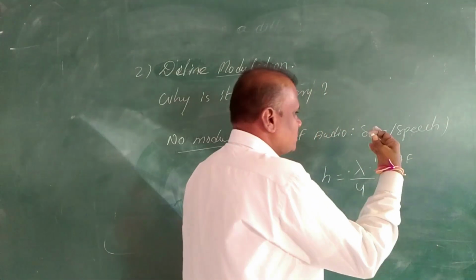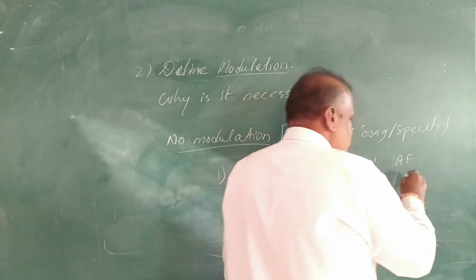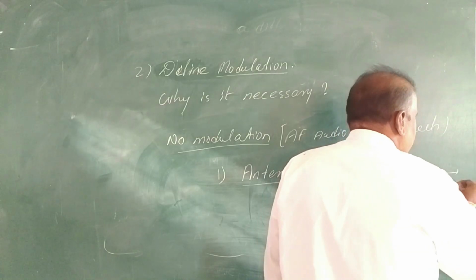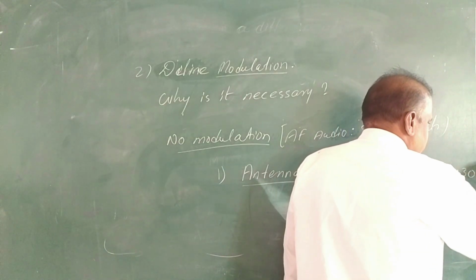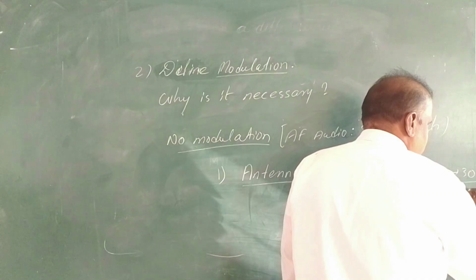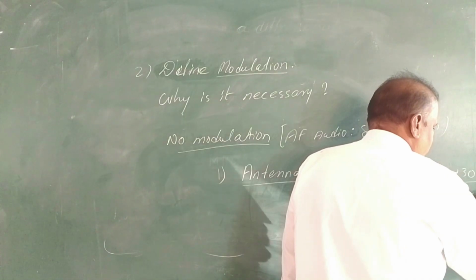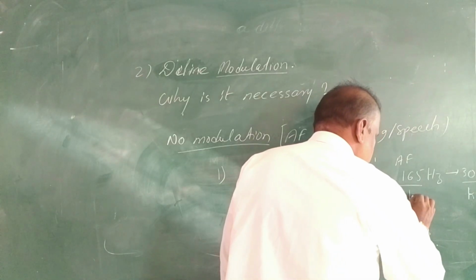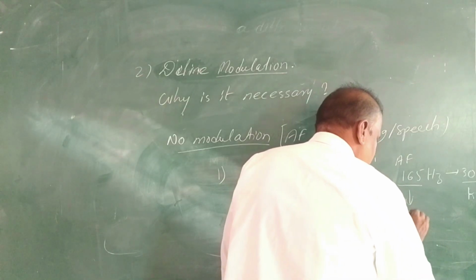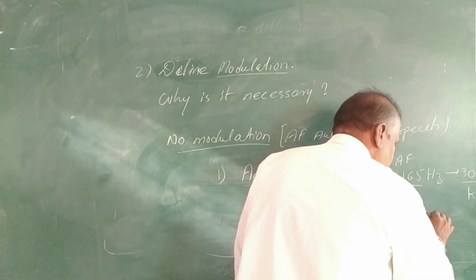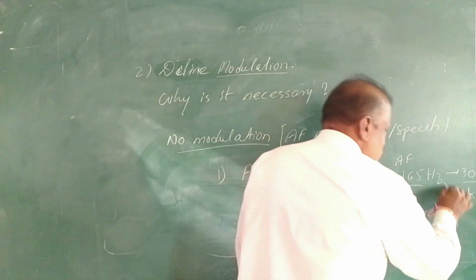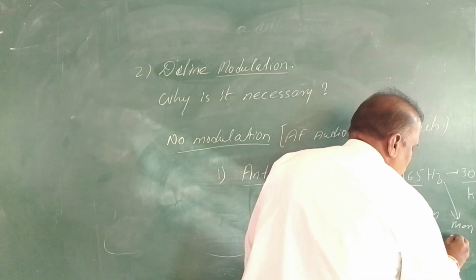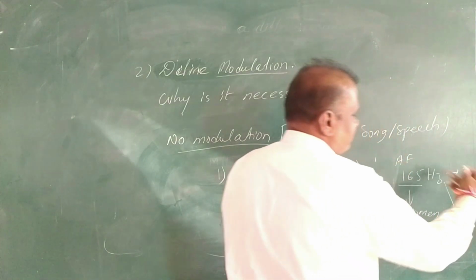Most commonly, an audio signal, such as a song or speech, will be in the range of nearly 165 Hz to around 300 Hz. 300 Hz is the frequency of a voice for kids. 165 Hz I think is the frequency of a woman's voice. Similarly, the frequency of a man's voice is around 255 Hz.